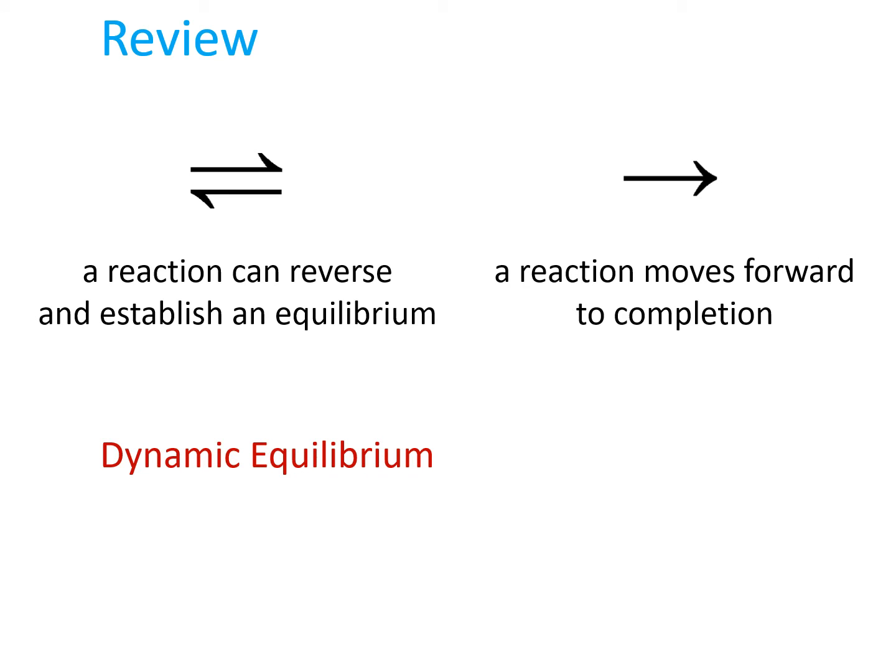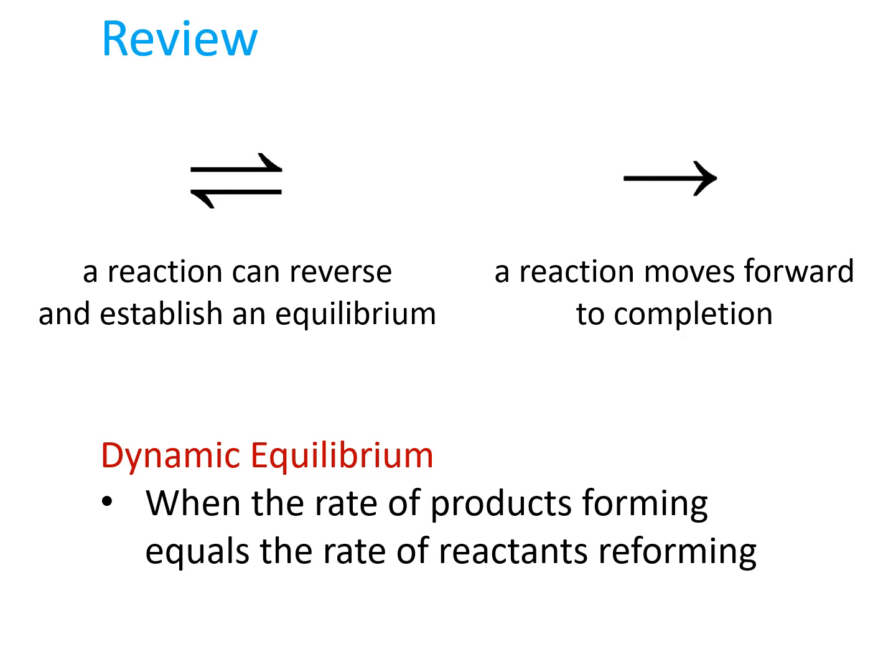Now, what about this whole idea of dynamic equilibrium? Well, what is dynamic equilibrium? Dynamic equilibrium is when you have the rate of products forming equaling the rate of reactants reforming.